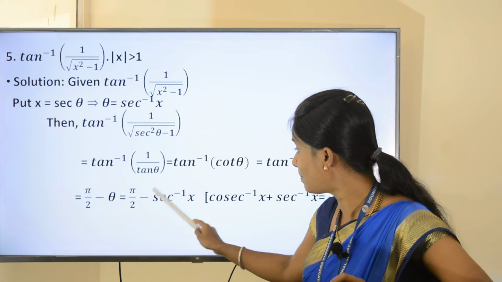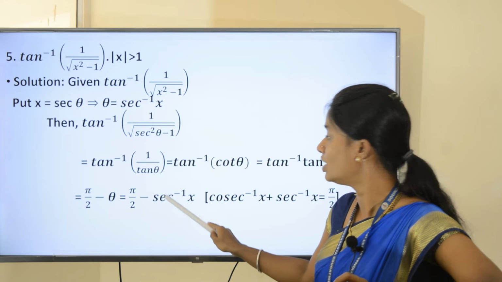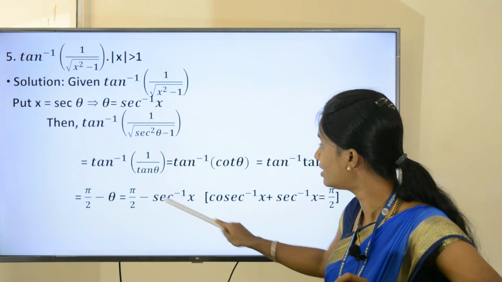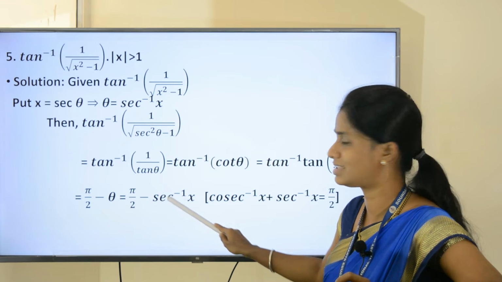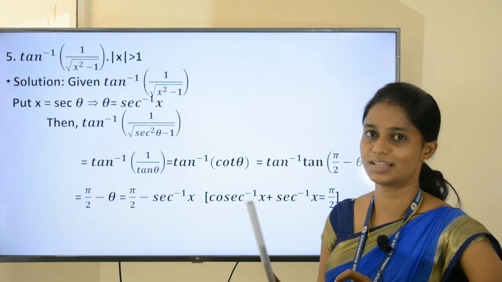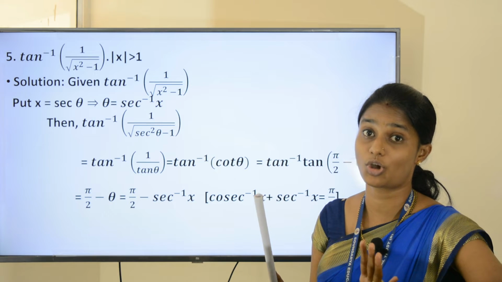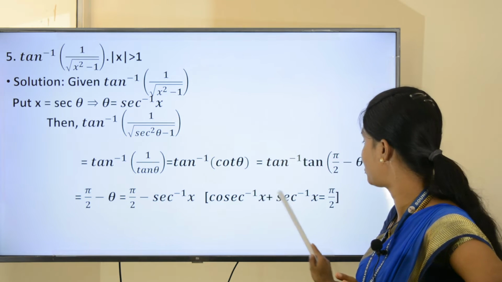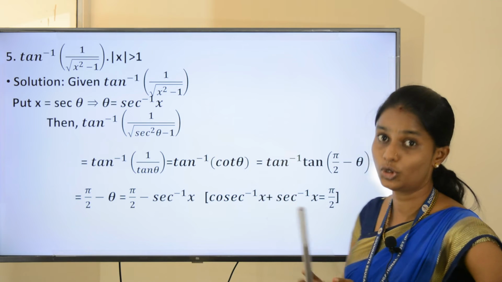Now, please replace theta is equal to secant inverse x. Please observe here, we got the answer pi by 2 minus secant inverse x. Again, we can simplify this result, students, using the inverse trigonometric property. That property is cosecant inverse x plus secant inverse x is equal to pi by 2.